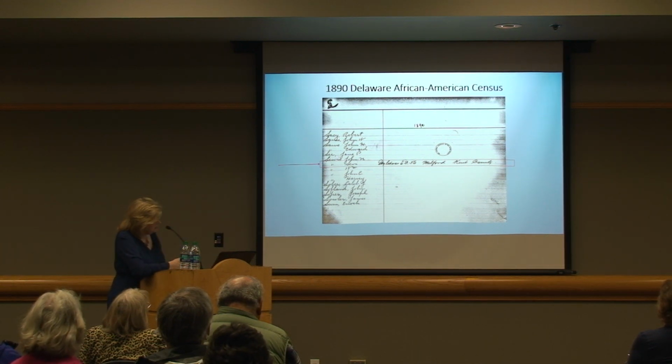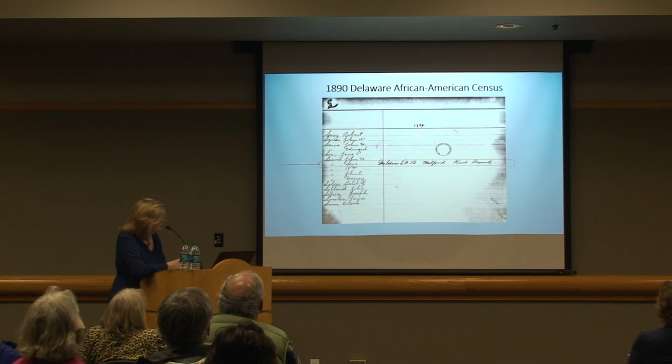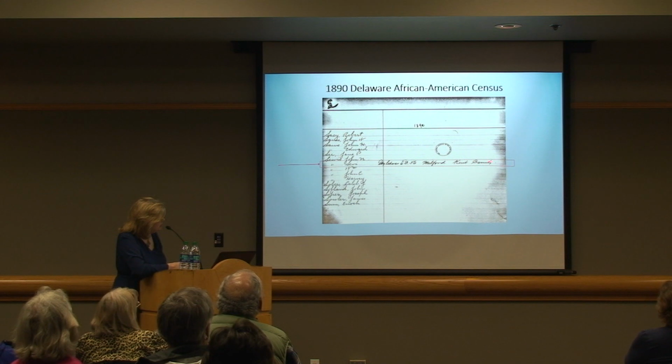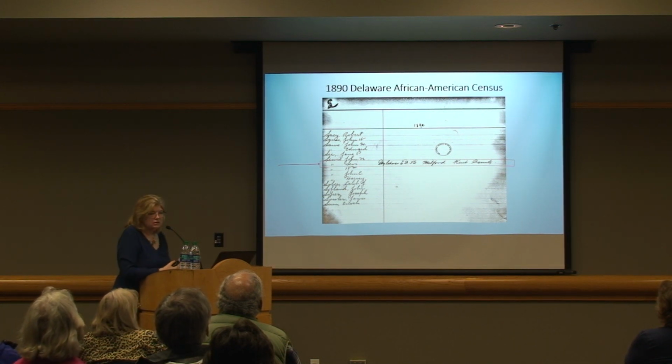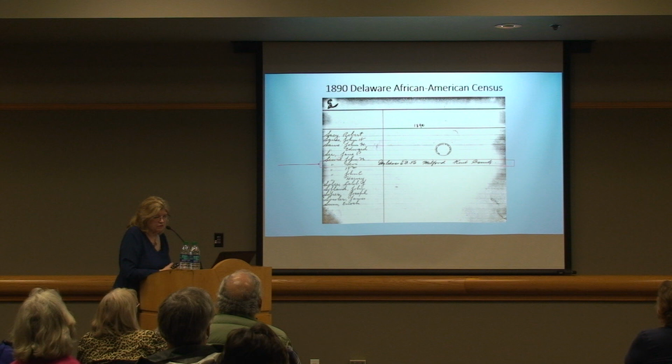And this is from the 1890 section, and here we find Levi Lewis, who's a day laborer. He lived in Enumeration District 56 of Milford in Kent County in Delaware. We're lucky we have that because everybody else just has their name listed. But at least you know Levi was there.